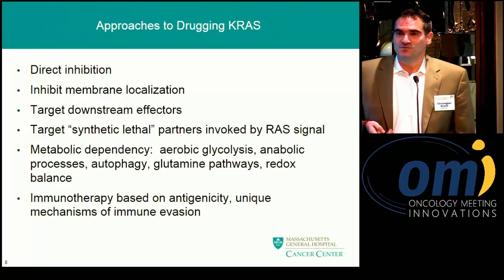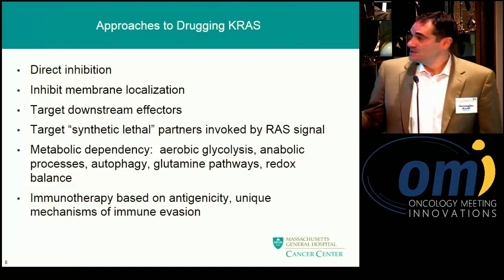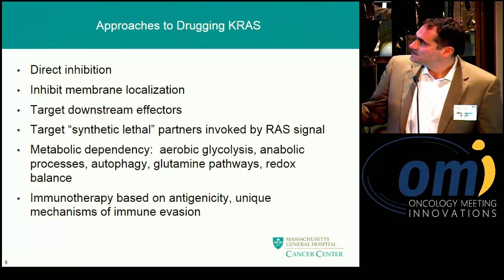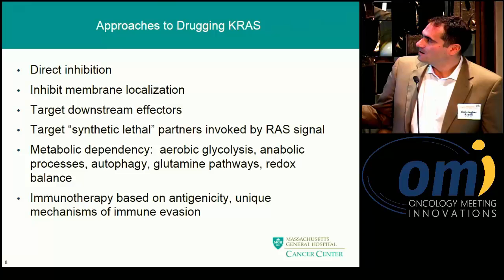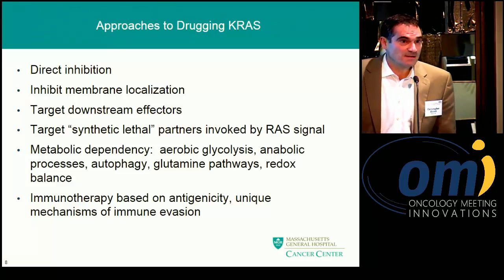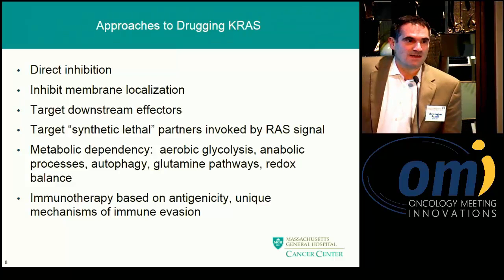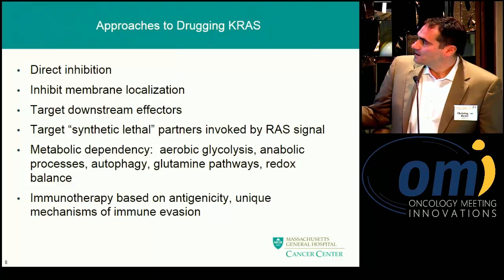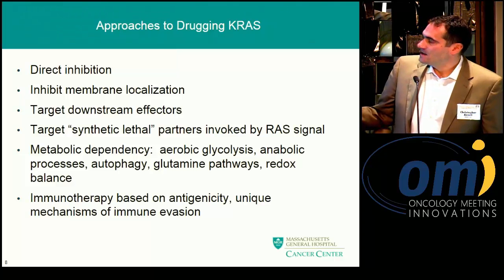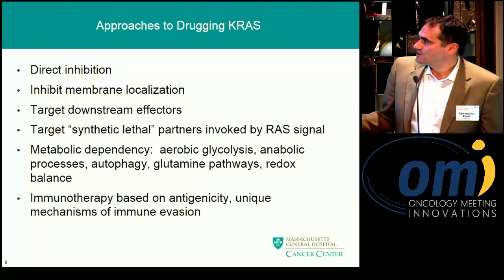So what are the approaches to drugging KRAS? You can go with direct inhibition of the GTPase. You can inhibit its association with the inner plasma membrane, which is necessary for RAS action. You can target downstream effectors. And you can even get very specific and do synthetic lethal screens to see which partners can be downregulated and then kill the cancer because the cancer is over-reliant on the downstream partner.